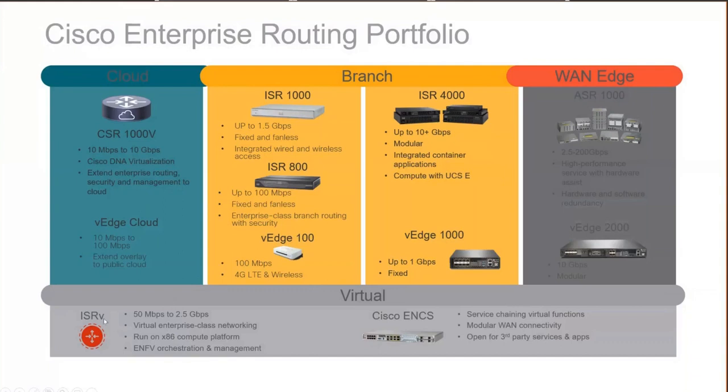And we have others like ISRV. This is not that commonly used, but CSRV is commonly used. It's a cloud router, and we'll look at what the hardware architecture of ISR 4K is, and what kind of throughput or other parameters we can expect there.